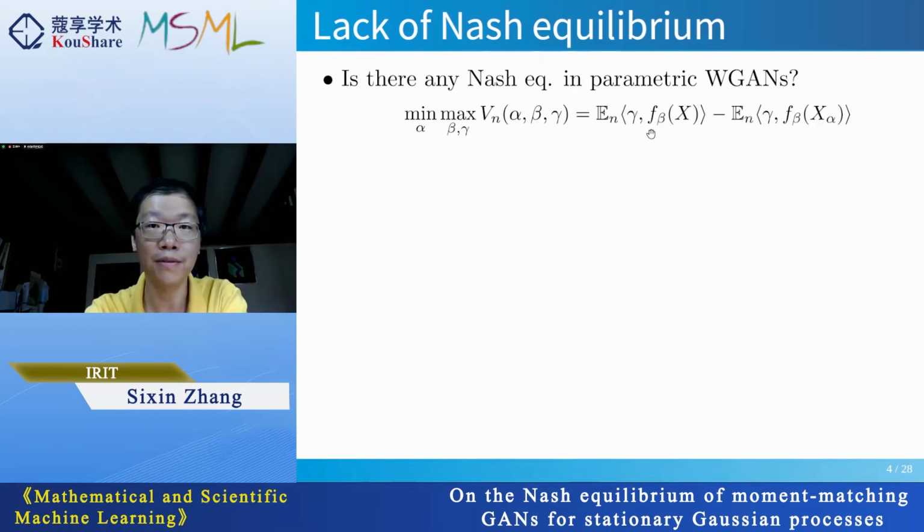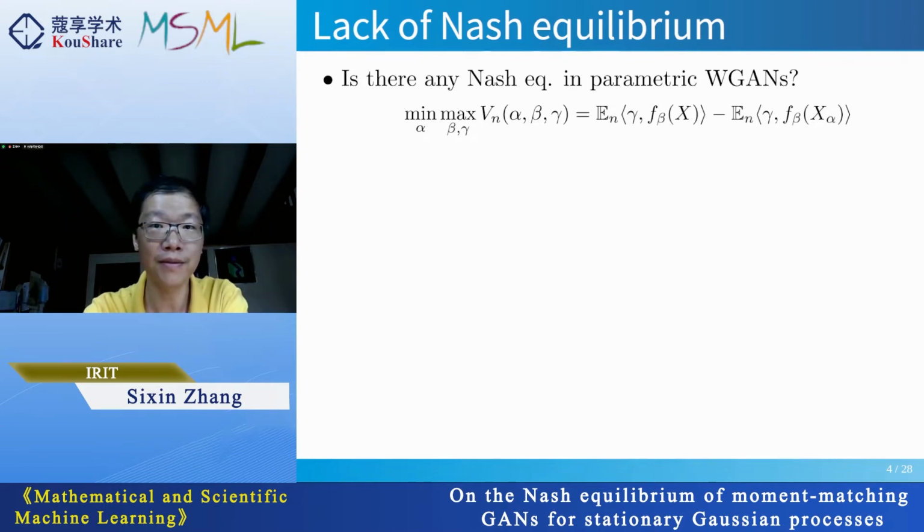You can think of beta as some feature extraction from data X, and gamma as a dot product to project these features into a number. Then one tries to find the max over beta, gamma, which approximates the Wasserstein distance, and then one attempts to find the optimal alpha that minimizes this distance.